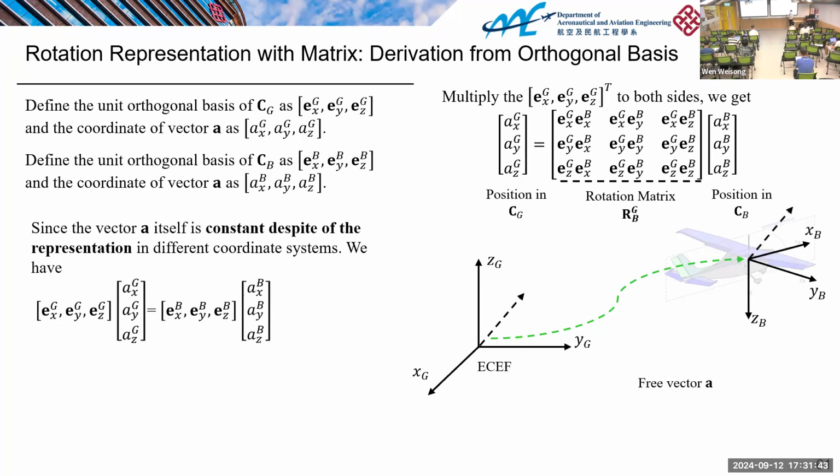And the transformation is only a rotation matrix, because as we just mentioned, this is a free vector. It can freely translate. So in this case, this position in the G, global frame, makes a rotation, and we can get the position in the body frame. This 3x3 matrix is the so-called rotation matrix.